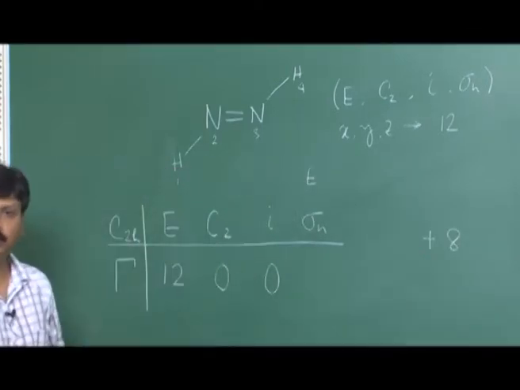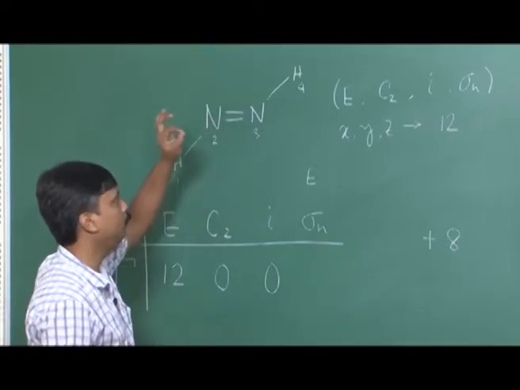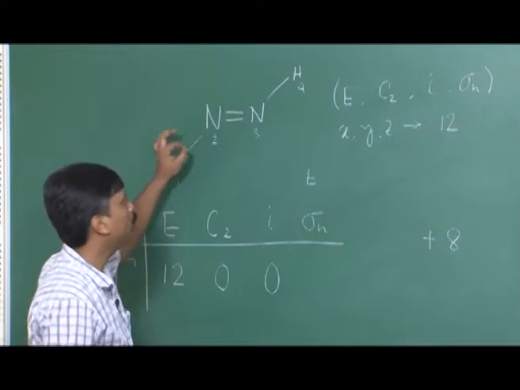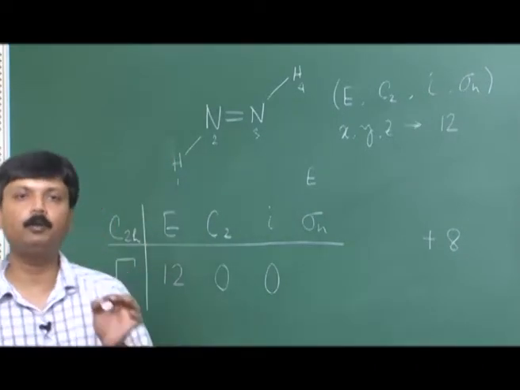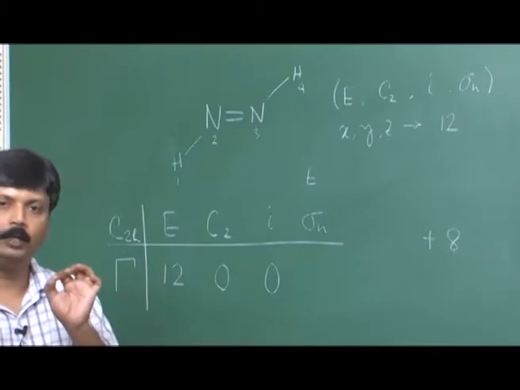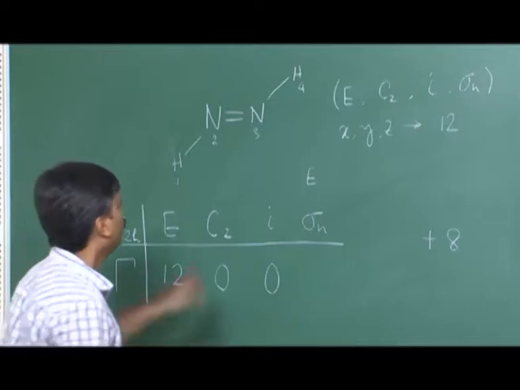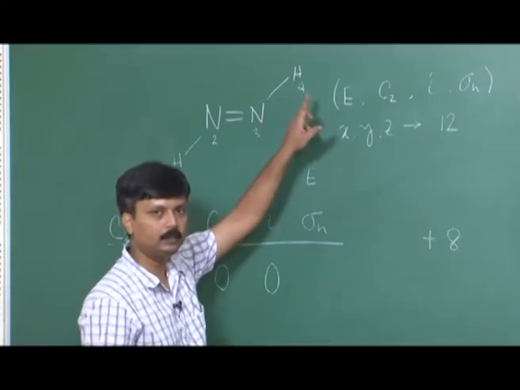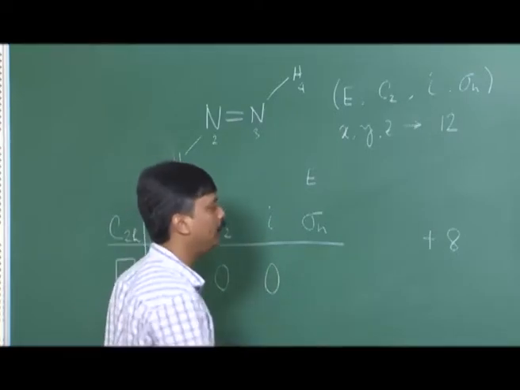Now what about the contribution of z? So when I reflect on this plane, plus z will become minus z, correct? So each one of these z coordinates will contribute 1 to the diagonal, but with a negative sign, right? So 4 z coordinates z1, z2, z3, z4 will contribute minus 4 to the diagonal.